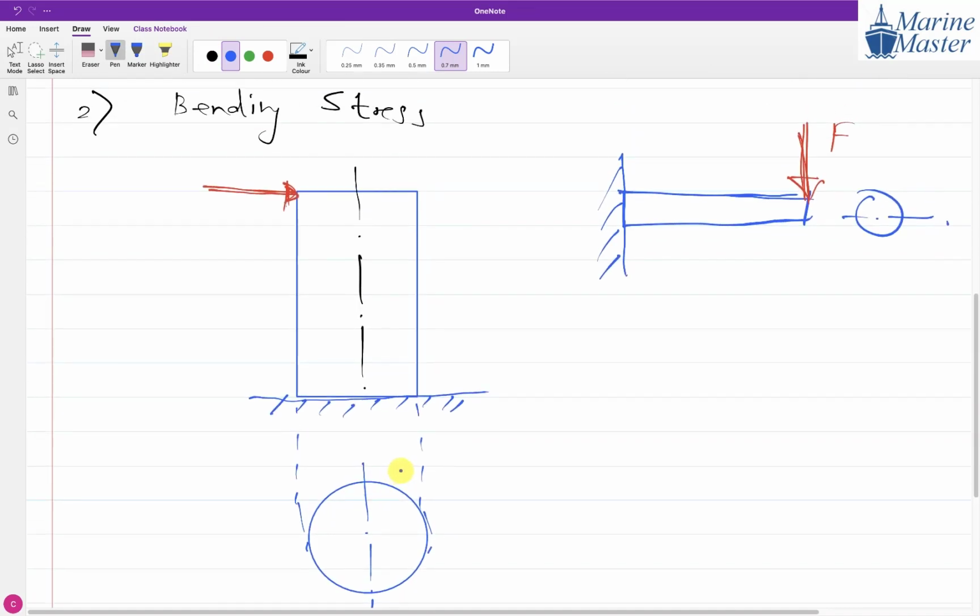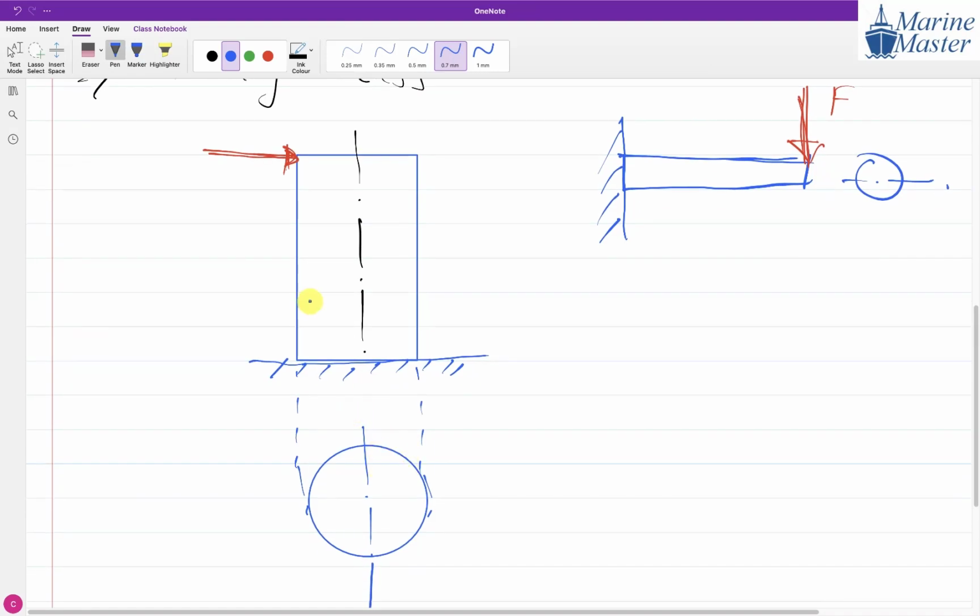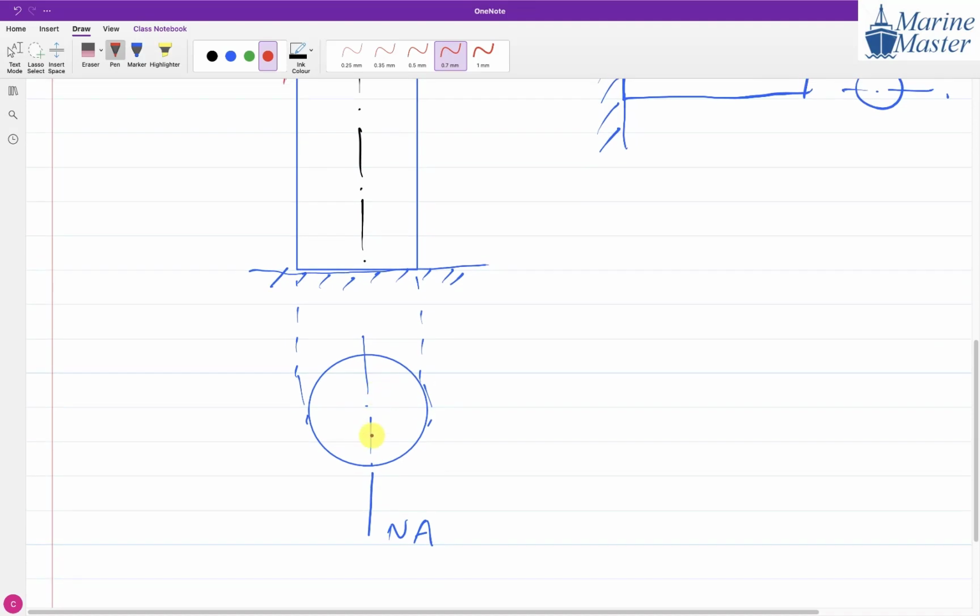Now, if you observe in this case, what is the value of bending stress on the neutral axis? Everyone tell me. On this neutral axis, bending stress is 0.